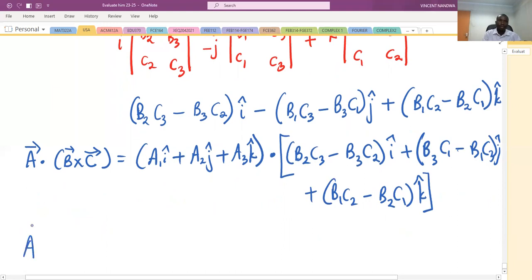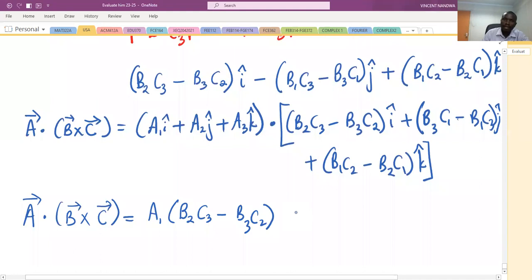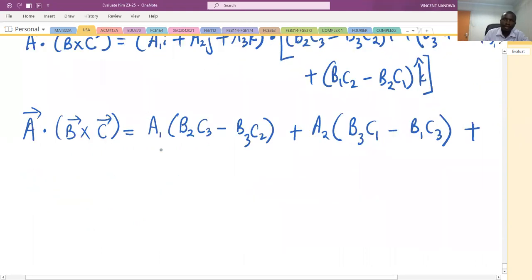So this will give us A dot B cross C equals A1 multiplied by B2 C3 minus B3 C2, and then plus A2 multiplied by B3 C1 minus B1 C3, plus A3 into B1 C2 minus B2 C1.